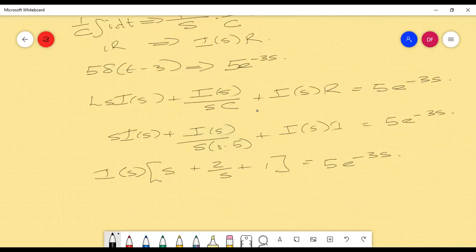So this gives me IS, so this is going to give me S squared plus S plus 2.